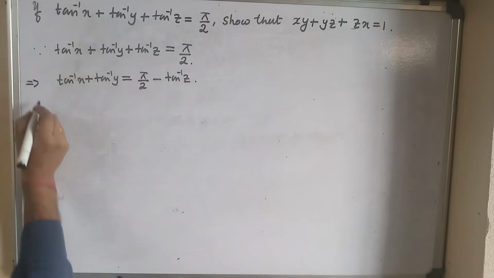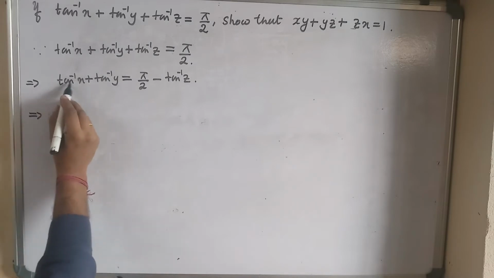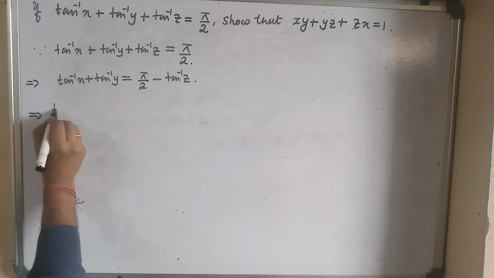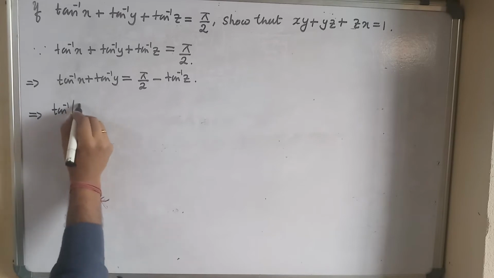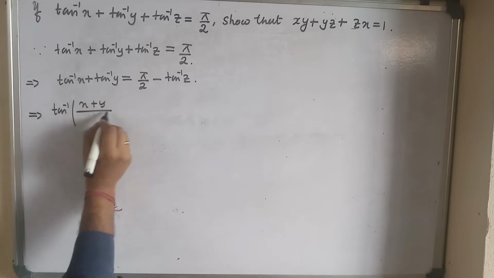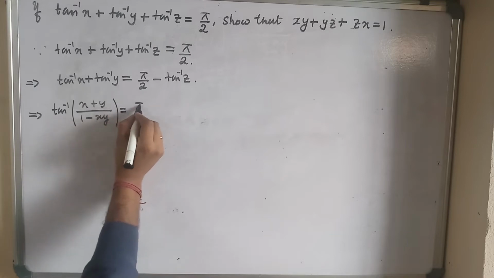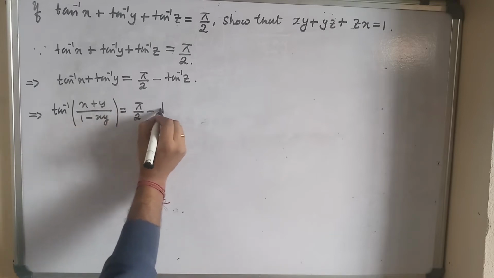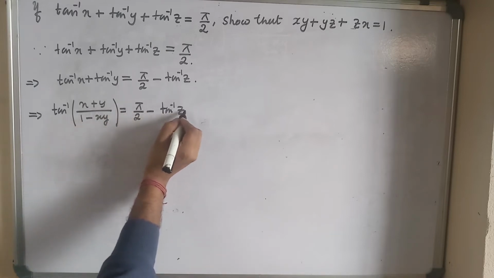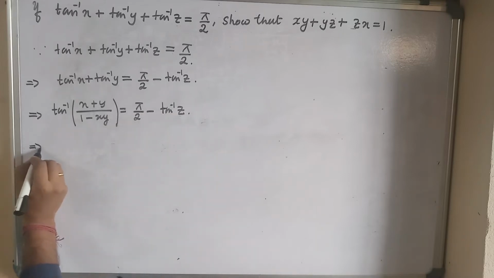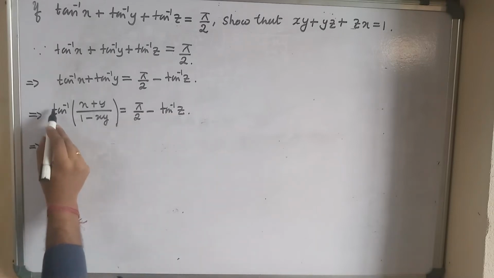Now I'll use the formula for tan inverse x plus tan inverse y. The formula gives tan inverse of x plus y over 1 minus xy equals pi by 2 minus tan inverse of z. Next, I'll bring this tan inverse from the left hand side to the right hand side.